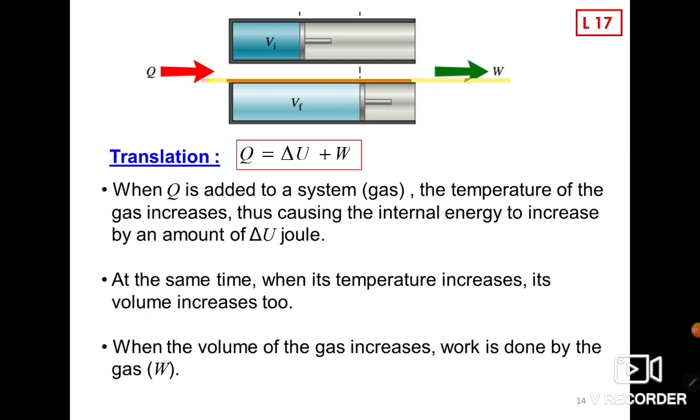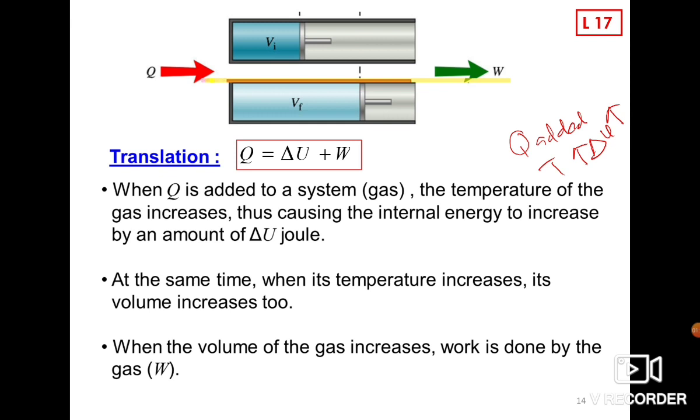When Q is added to a system, the temperature of the gas increases. So Q added, T increases, causing the internal energy to increase, so delta U also increases by an amount of delta U joule.